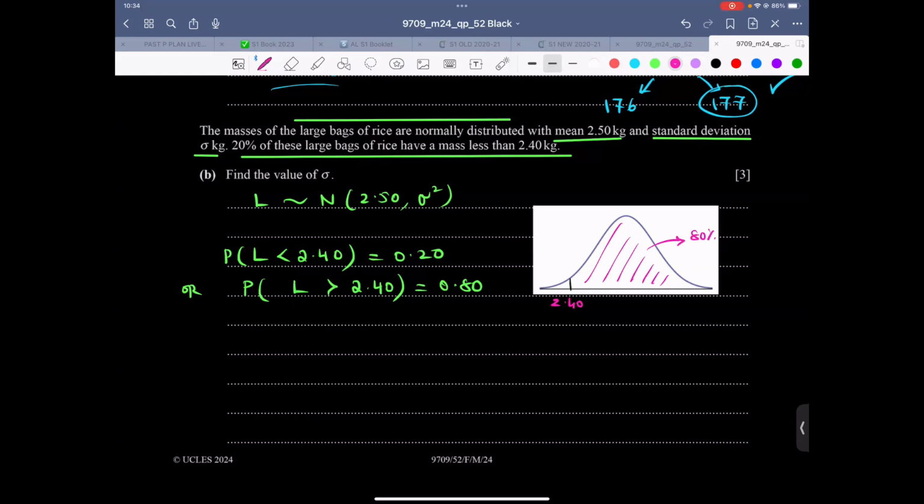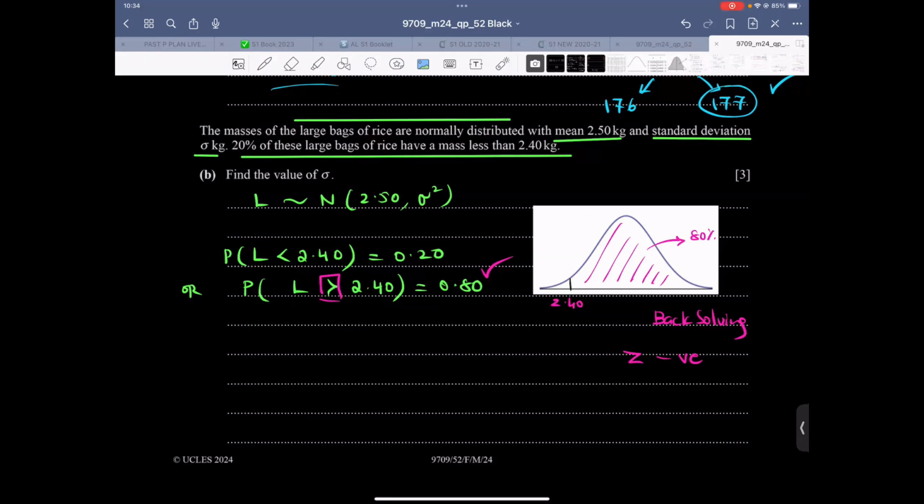That means if this is 80% and it's a realistic graph, because it has to include more than half of that area under graph, that means 2.40 lies to the left of the mean. Therefore, according to the rules of back solving, if I have a greater sign and this probability is more than 50%, because the normal distribution table has a minimum probability of 0.5. Therefore, we will take the z value to be negative.